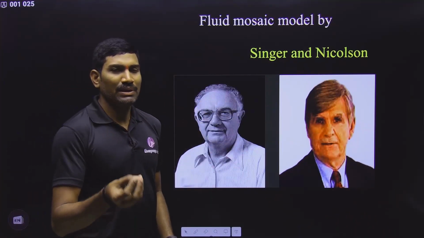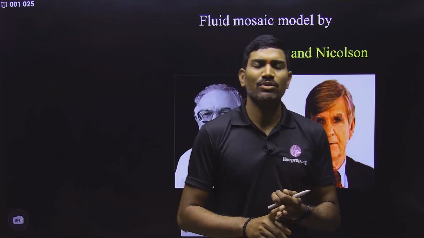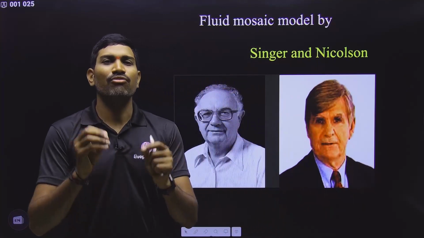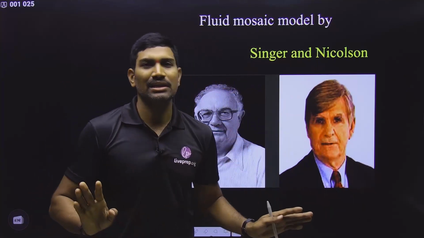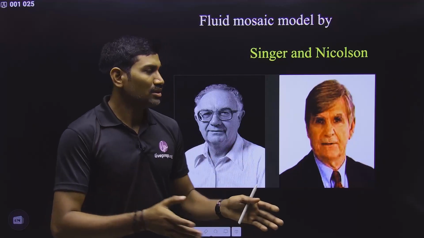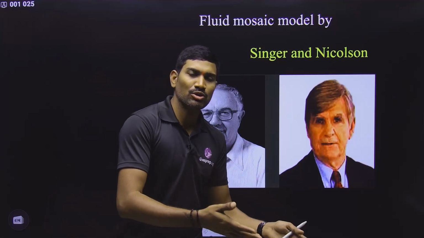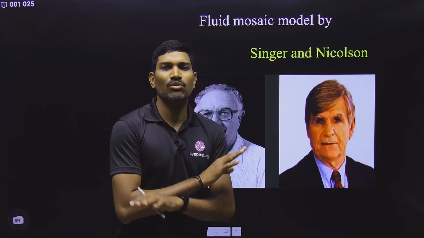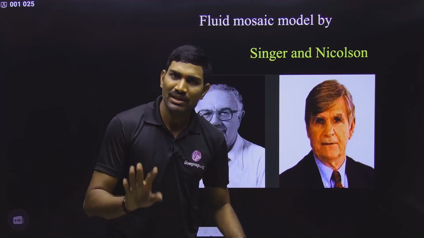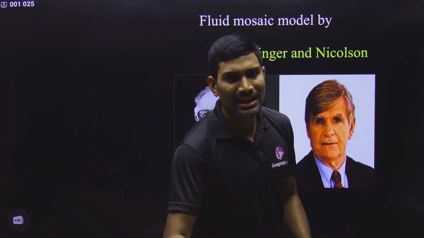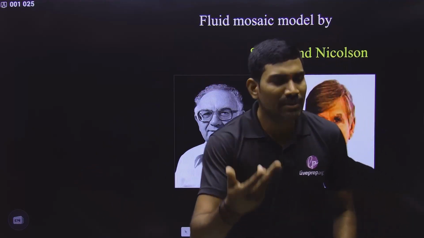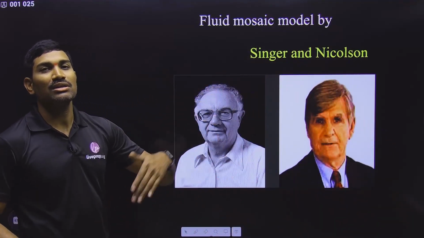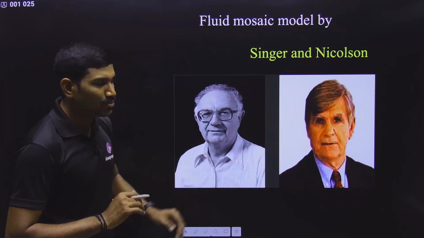Because percentage-wise, for some of the proteins the structure may be slightly variable, but the basic phospholipid bilayer structure is present like that only. And the Singer-Nicolson model, the fluid mosaic model, is applicable to the plasma membrane of prokaryotes and even of eukaryotes. So that model is applicable everywhere. Clear? Based on the cell and its type, some components may vary. That's why they said that the plasma membrane of prokaryotes is similar to that of eukaryotes. That's the point they made.